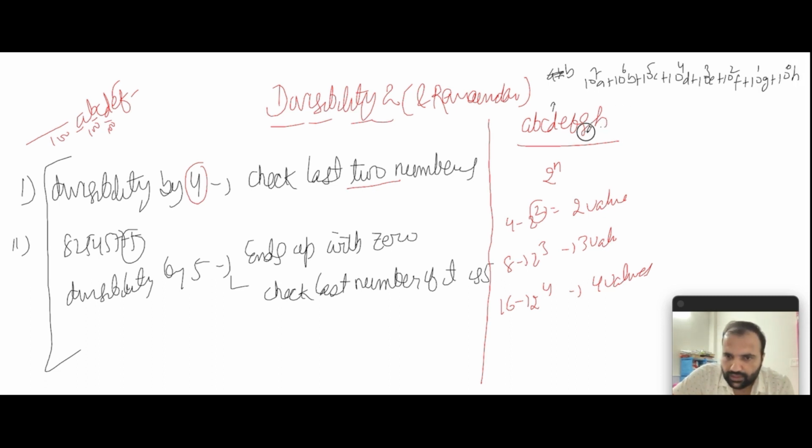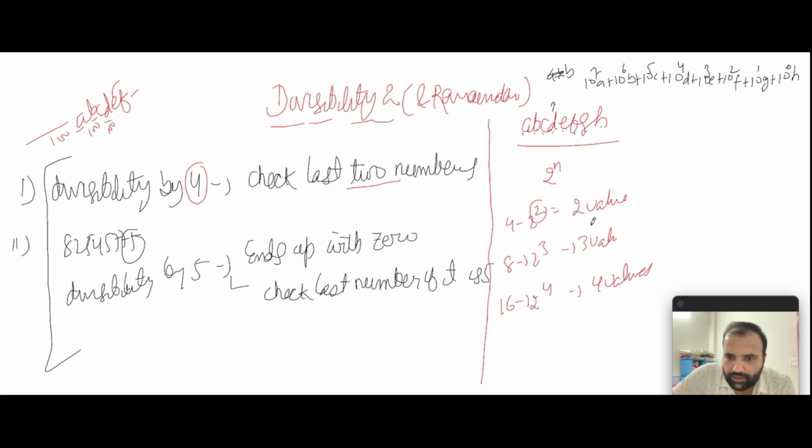You see ones, tens, 100, 1000, 10,000, 100,000, million, 10 million. Or in our Indian terms, it could be 1, 10, 100, 1000, 10,000, 1 lakh, 10 lakh, and then 1 crore. So we can write it over here.